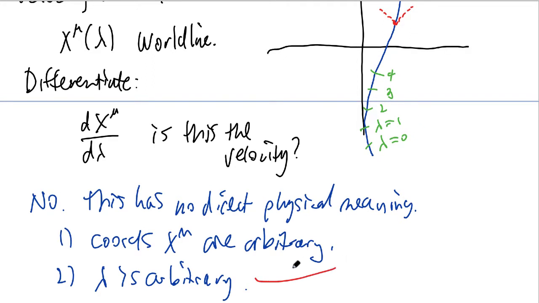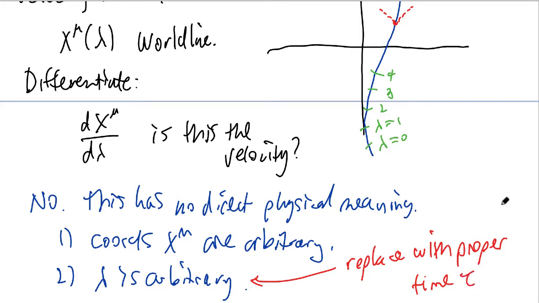We can improve our situation by replacing this arbitrary parameter with proper time. Call it tau. All right, proper time is a physical parameter. It's the time as measured by a clock that's carried along the world line.